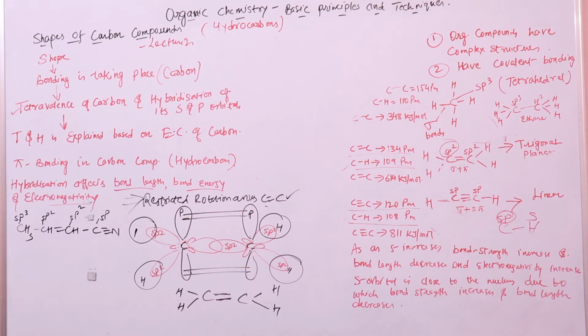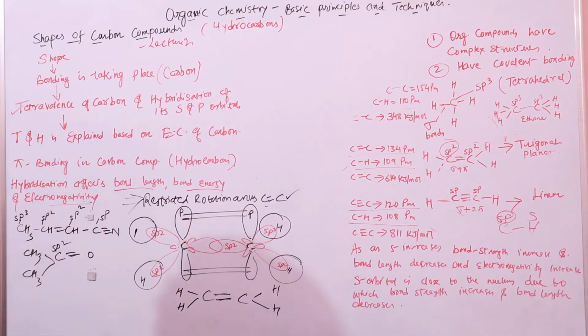Now we say that this complex shape is due to hybridization and the bonding, whichever organic molecule you take. Let's take acetone, again an organic compound. Here carbon is again sp2 hybridized.